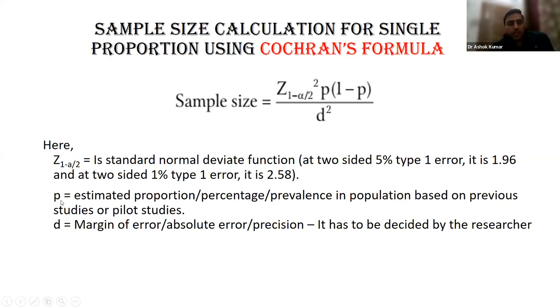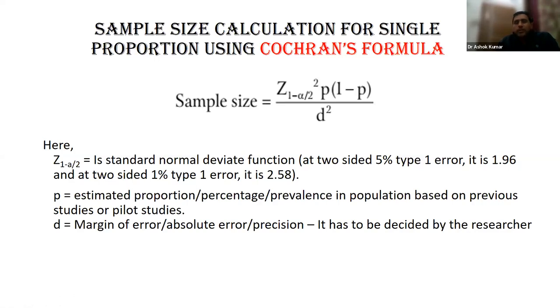And what is P here in this formula? P is the estimated proportion, the percentage of that event of interest or primary outcome, or prevalence or incidence in the population, based on previous studies or pilot studies. So if we have previous studies of this prevalence or proportion of that event, we can take it.